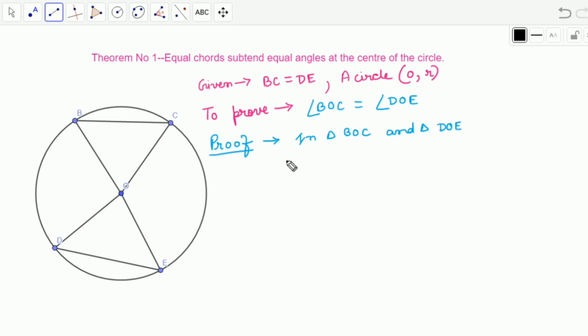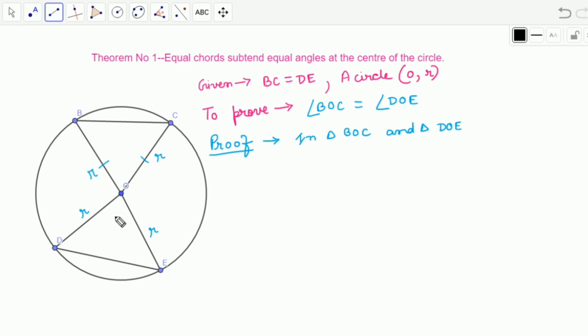By the definition of radius, the line segment joining the center of the circle to any point on the circle is called the radius. Hence BO is the radius of the circle and CO is also the radius of the circle. This is also the radius, and this is also a radius, because they all are segments joining the center to points on the circle.